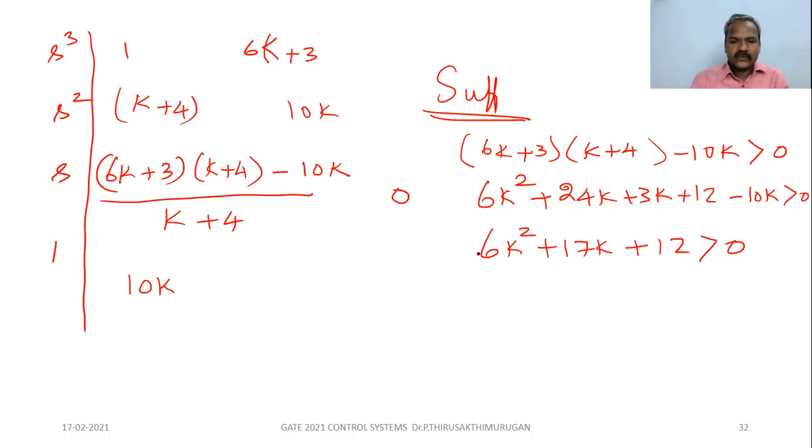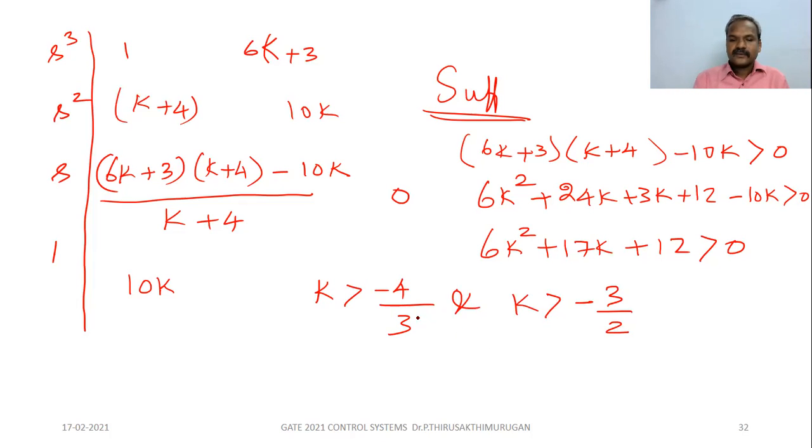Okay, so if you solve this, please take the quadratic coefficients. So what are the values of k? Do it, my dear student friends, in the second order equation. So I am getting k greater than minus 4 by 3 and k greater than minus 3 by 2. Okay, minus 3 by 2.